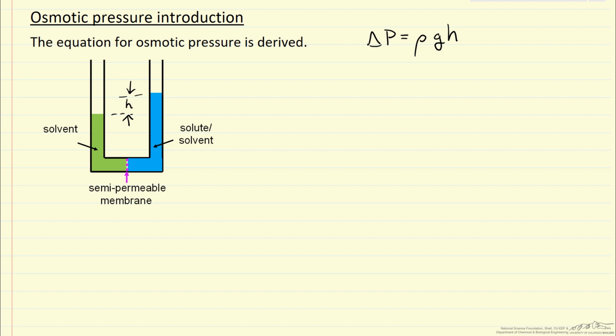And if we want an equation to relate that to properties of the system, we're going to do all this for the solvent, because we have the solvent on both sides of the membrane. We can have an equilibrium relation that the chemical potential on the left side for the solvent equals the chemical potential on the right side for the solvent.